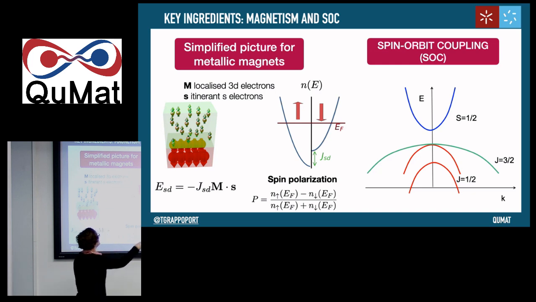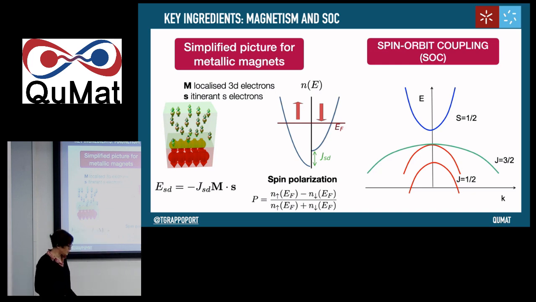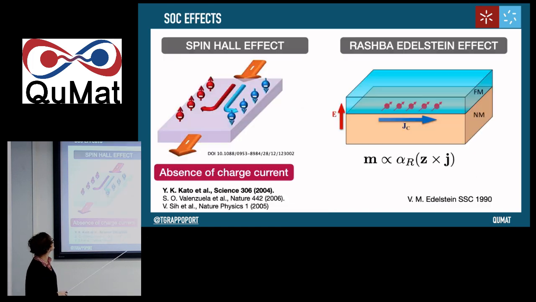So this is what we do with spin-orbit coupling in spintronics. And in the last maybe 15 years, we've been gaining a lot of understanding about this type of interaction and how we can use it to manipulate spins in solids in several spintronic effects.